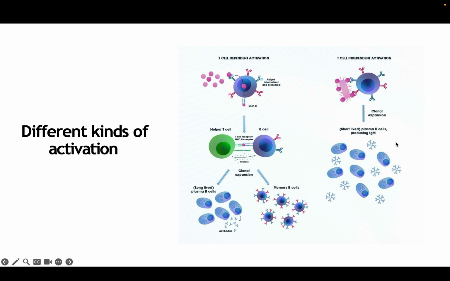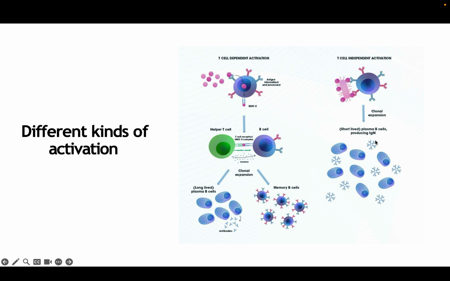But one difference that I want you to really understand is between the T cell dependent activation and the T cell independent activation. In the T cell independent activation, you create very short-lived plasma B cells. This doesn't give you the exact amount of signaling for a B cell to really become a proper plasma cell, and they do not live too long.